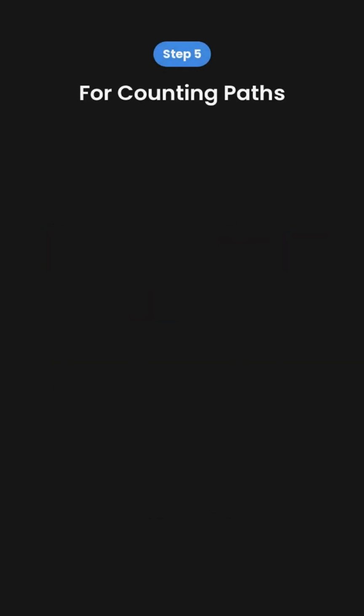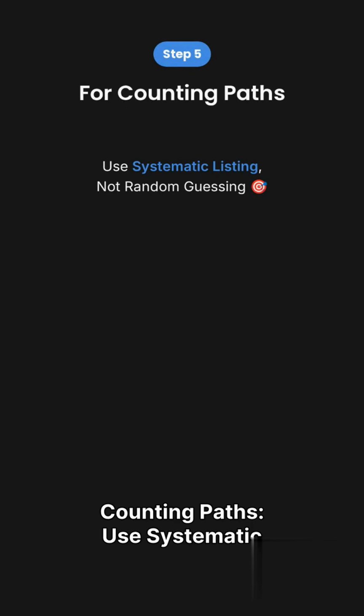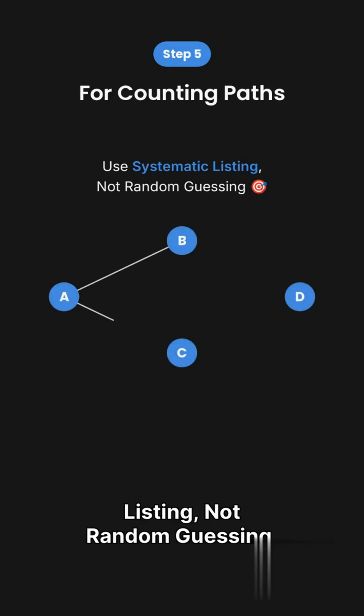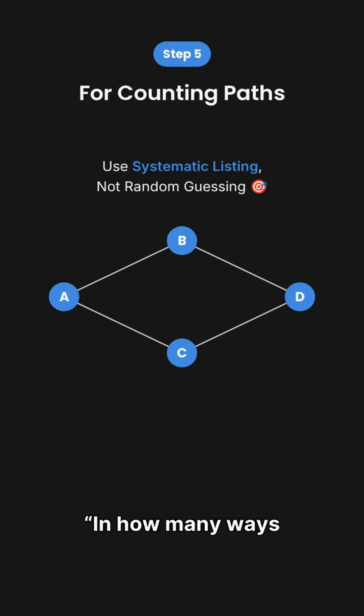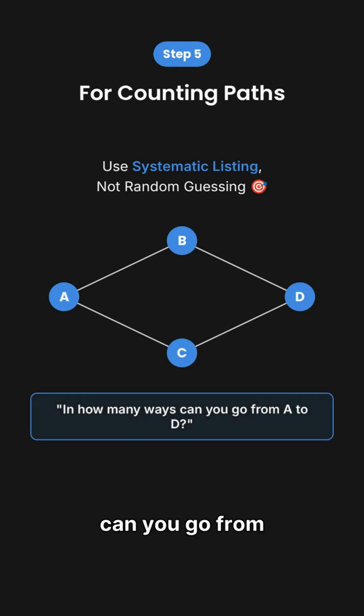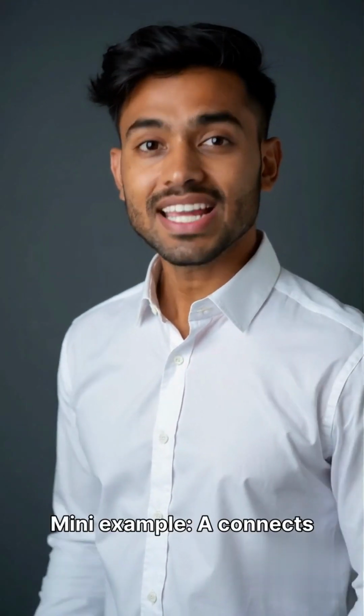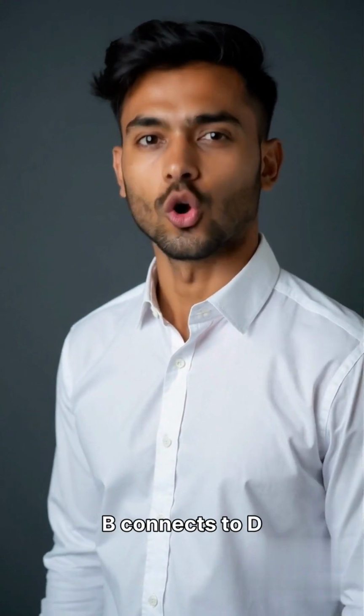Step 5. For counting paths, use systematic listing, not random guessing. If the puzzle asks, in how many ways can you go from A to D, and the structure is not too big, do this. Break it into segments. From each node, list all ways to move forward. Mini example. A connects to B and C, B connects to D only.